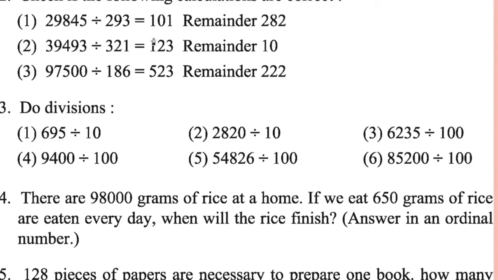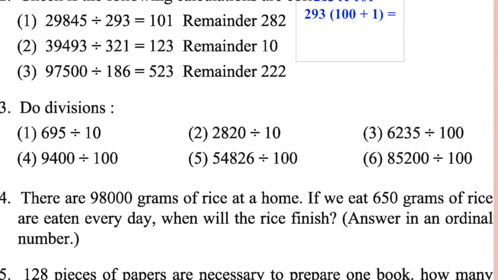This I am going to check now. First one I am going to check. Quite easy. 293 into 101. I have to do it first, then I have to check with the remainder. How can I write 101? I can write it as 100 plus 1.